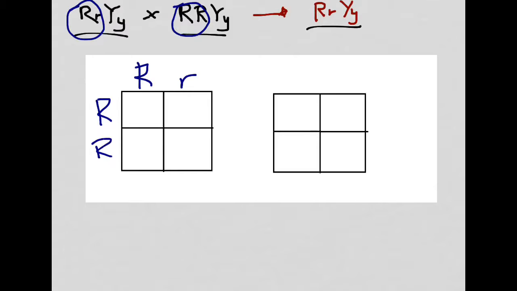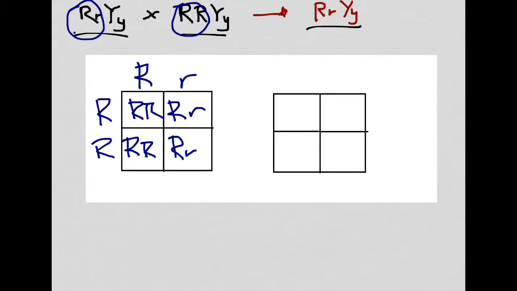Small r. And then, of course, you will cross. Capital R, R. I don't have a stylus. And then R, and this.